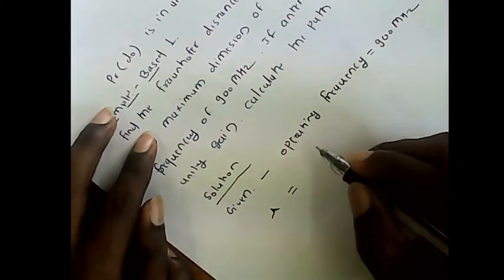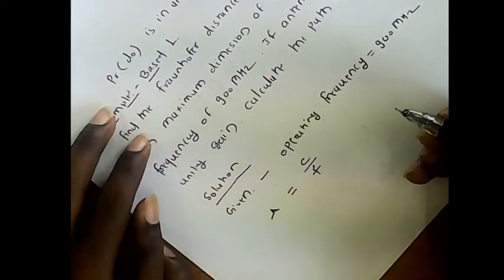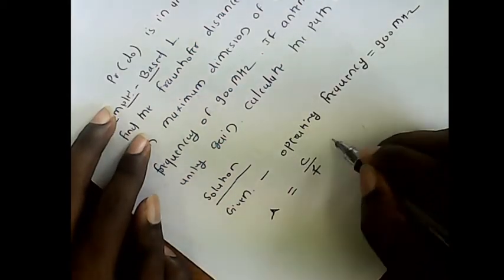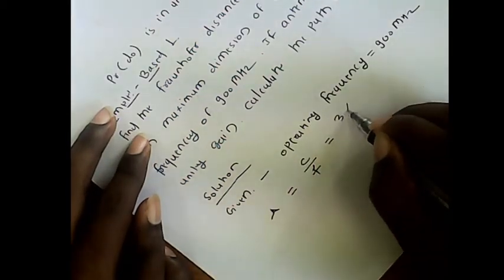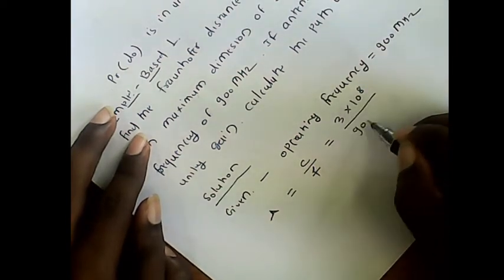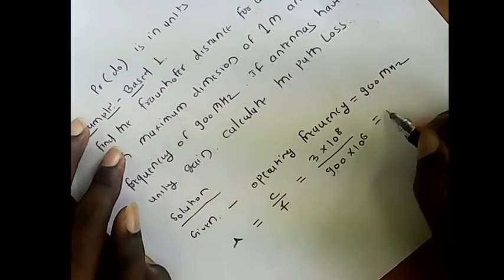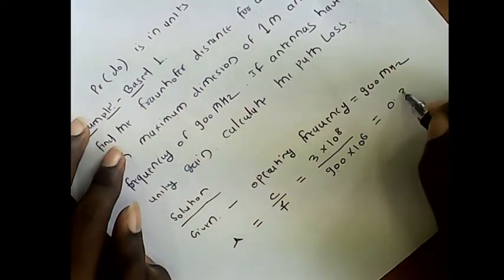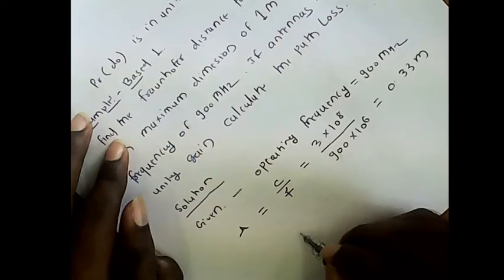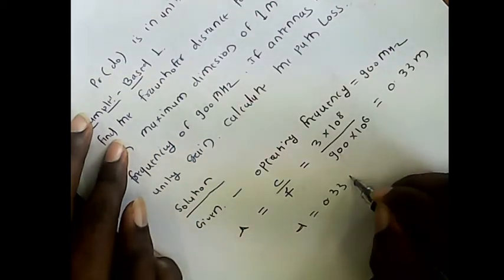By using the formula C divided by f, we can calculate the wavelength of the antenna. C is 3 × 10^8 meters per second and the frequency is 900 megahertz, so it comes out to about 0.33 meters. So the wavelength is 0.33 meters.